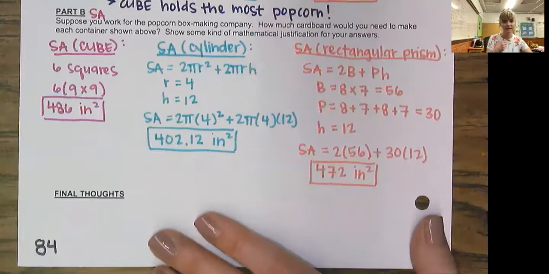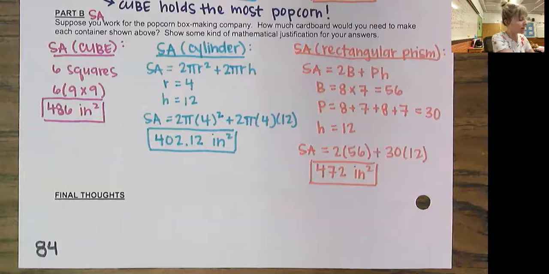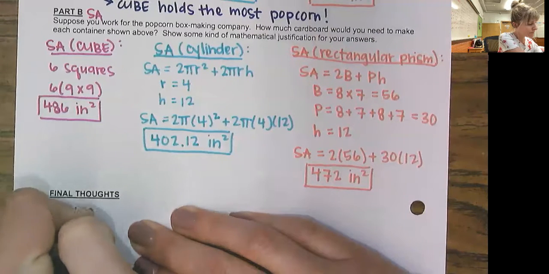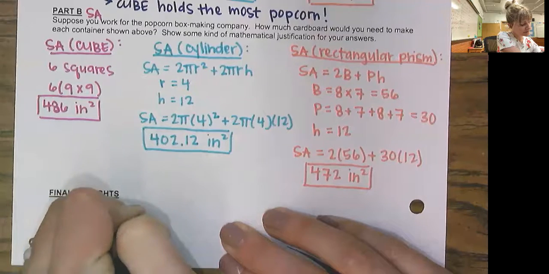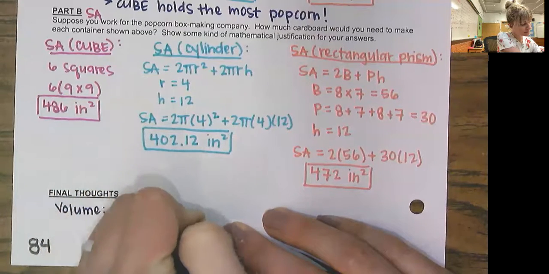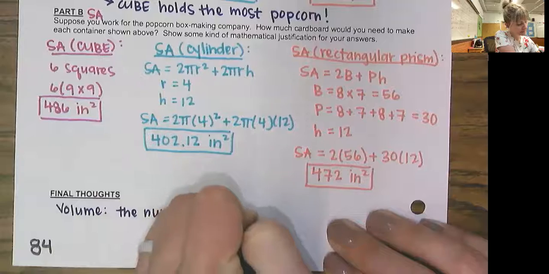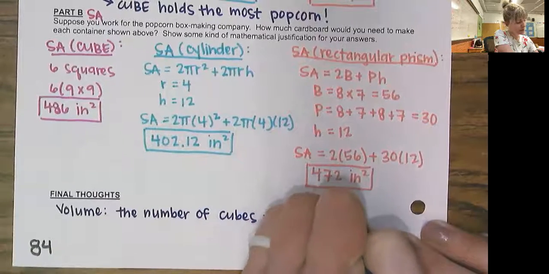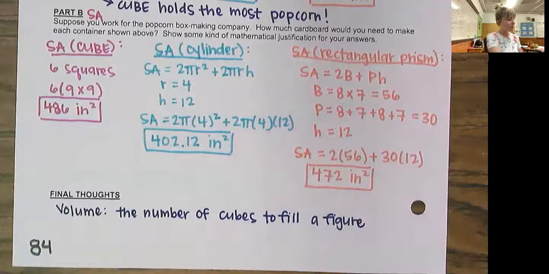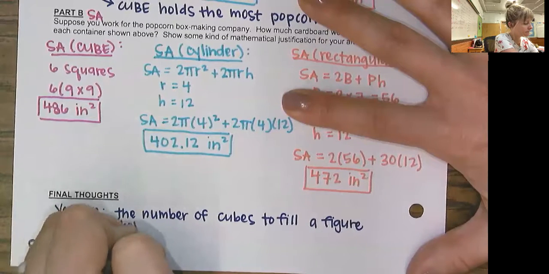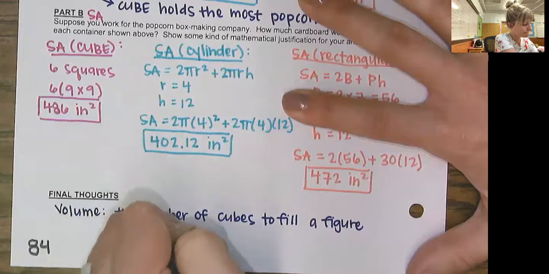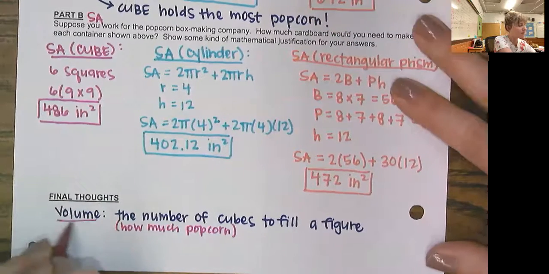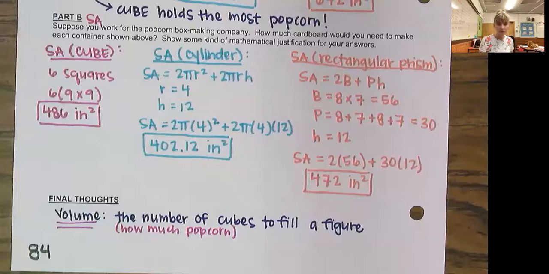So there's a final thoughts down here, just as one final review. Let's remind ourselves that volume is the number of cubes to fill a figure. And in this scenario, that was all about how much popcorn it would hold. Okay, so the volume in this scenario, the number of cubes, that's in general, it's the number of cubes to fill a figure.